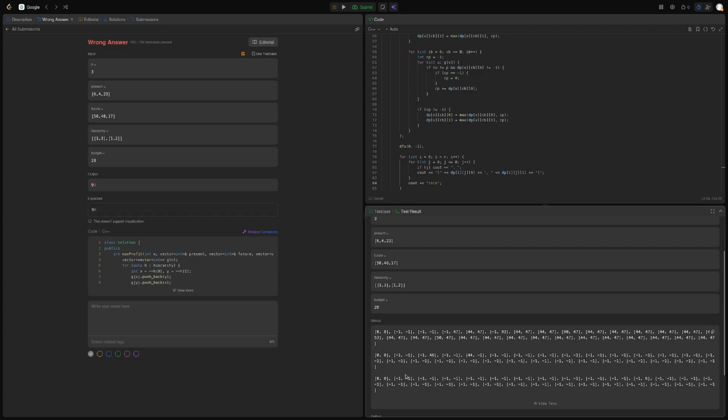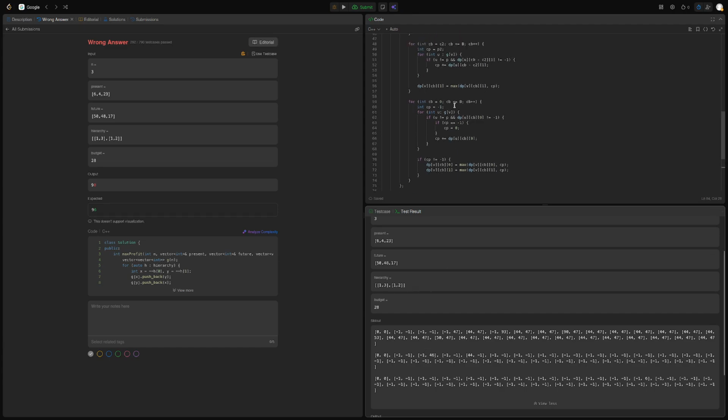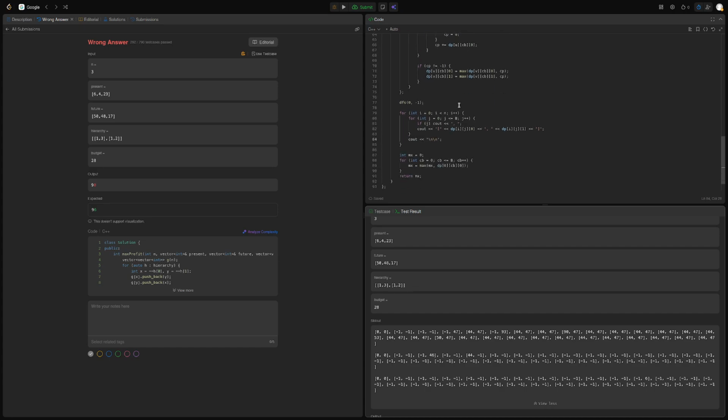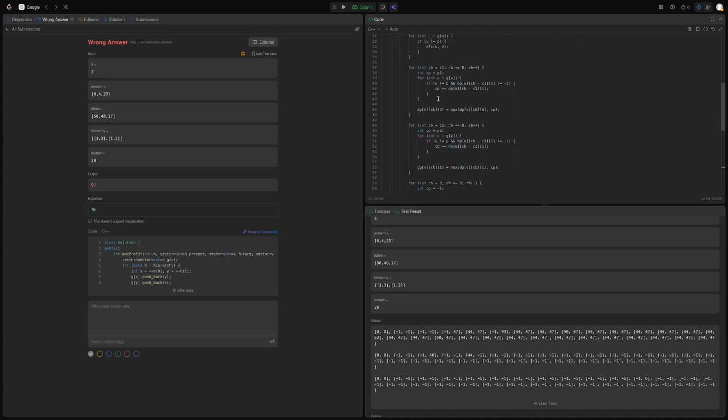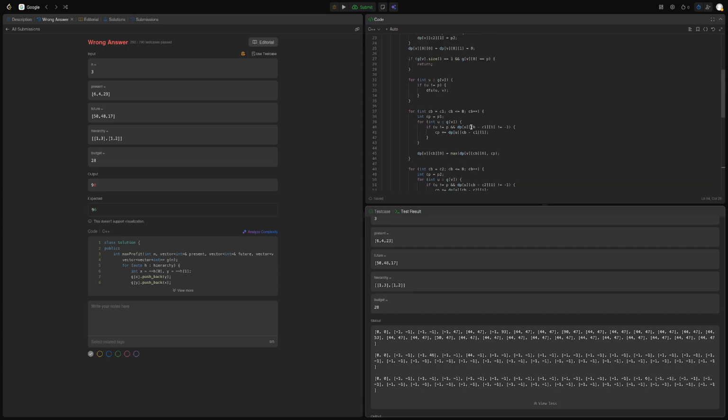So if we don't buy anything, it's 0, and then we budget 1, 2, 3, 4, 5, 6, 7, 8, 9, 10, 11. We can buy this for 6. With budget 2, we can buy this for 46. And then with budget, so the parent did not buy, so we are in this case.